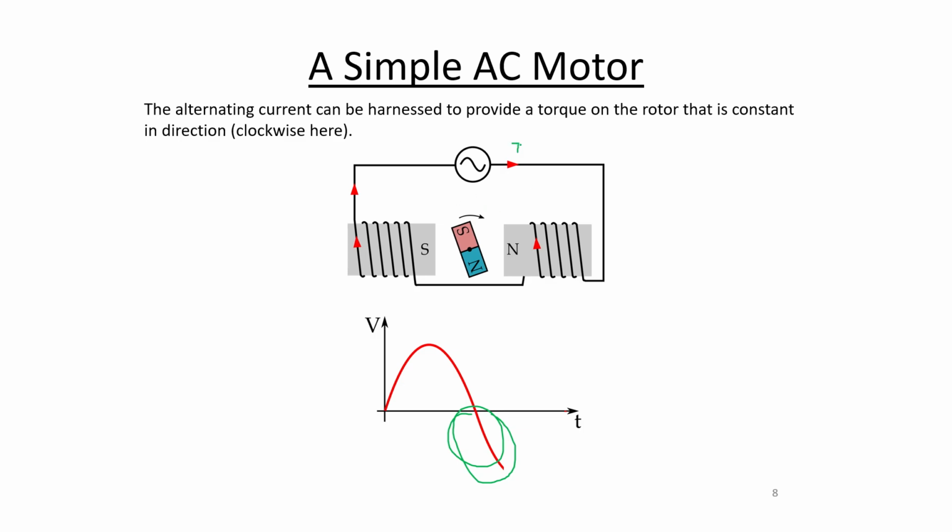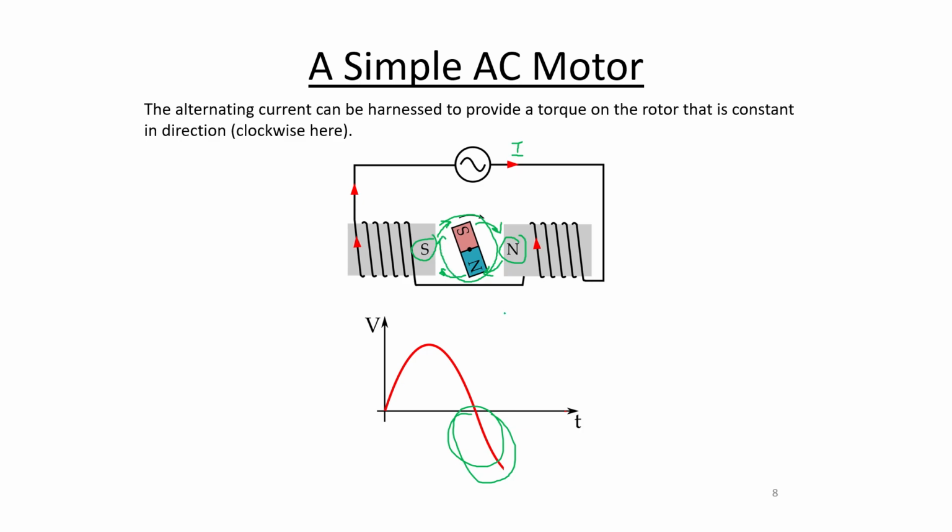So now the current is going this direction through the circuit. That creates a north pole on this electromagnet where it used to be a south, and a south pole on this electromagnet where it used to be a north. And that, as you'll notice, now that the rotor has come around, is still causing north to repel north, south to repel south. South is being attracted by the north on the right, the north is being attracted by the south on the left, and you still get this nice clockwise rotation.